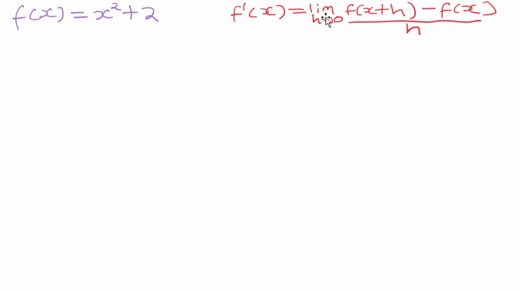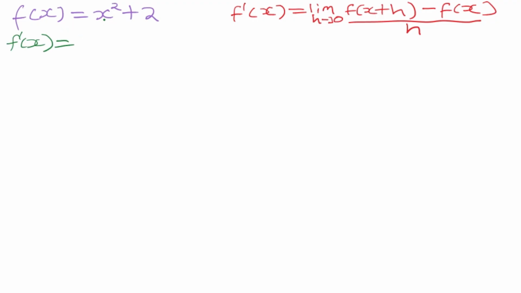Right, this is the first principle that we are having, and this is the function that we are given. Before you use the first principle, what you can do is just differentiate, so that you are able to see or get the answer before you use the first principle.